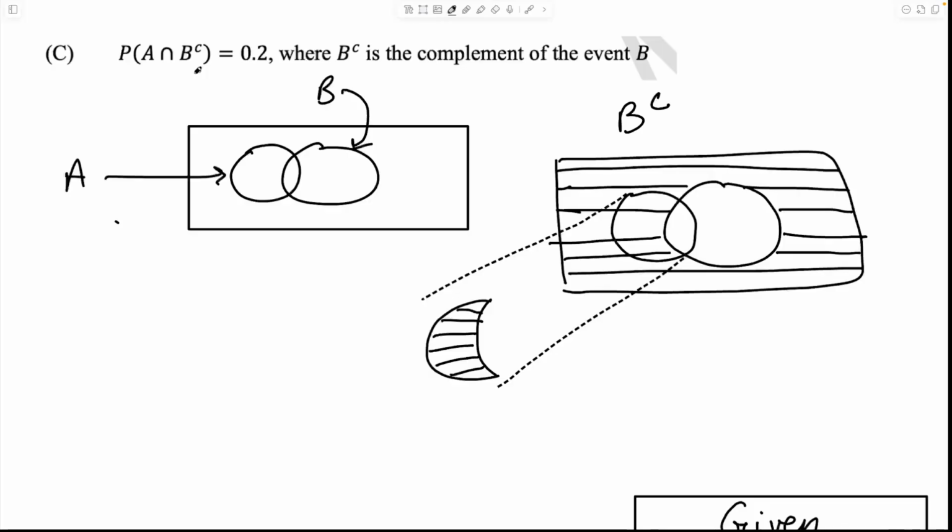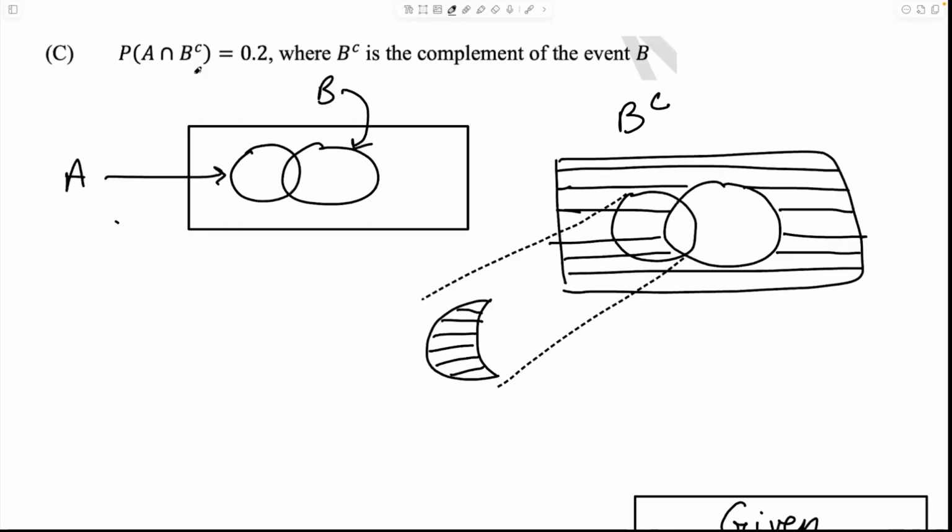So whenever you have any confusion, at least in probability, draw a Venn diagram. That is the best approach. The more you draw Venn diagrams, the more your analytical power on this subject will increase. The point of solving questions is to increase your analytical power on this subject. That is your aim. So draw Venn diagrams and try to understand it from that.